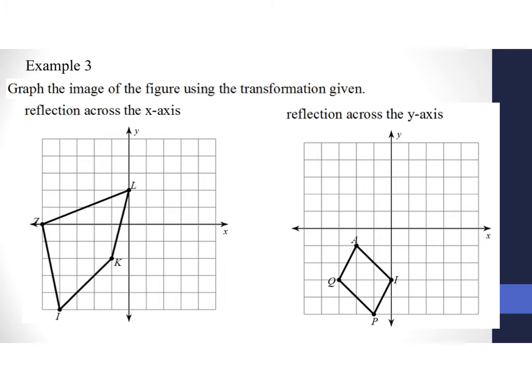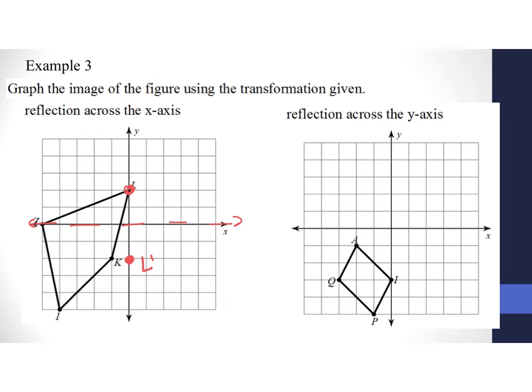If you want to, you can go ahead and draw in your axis line, but in this case, I have this as my x-axis, so it's kind of already drawn in there. And I am going to reflect each point over the x-axis. So I'm going to start out with L. It's 2 units above, so L is going to fall 2 units below and become L prime.